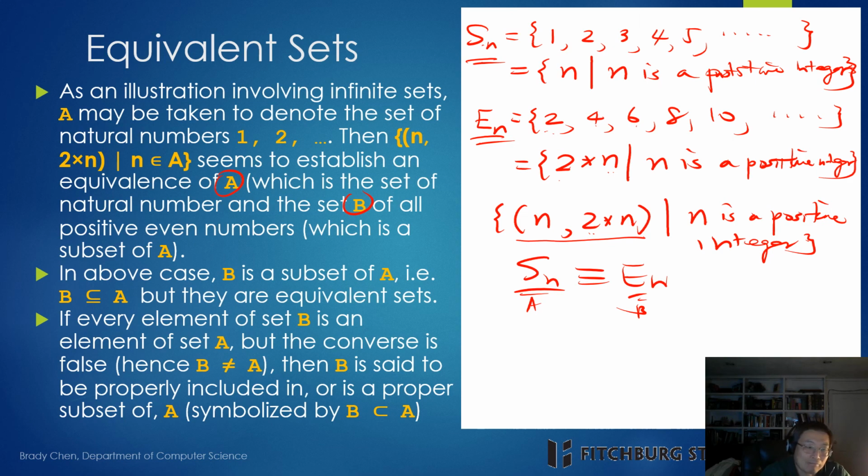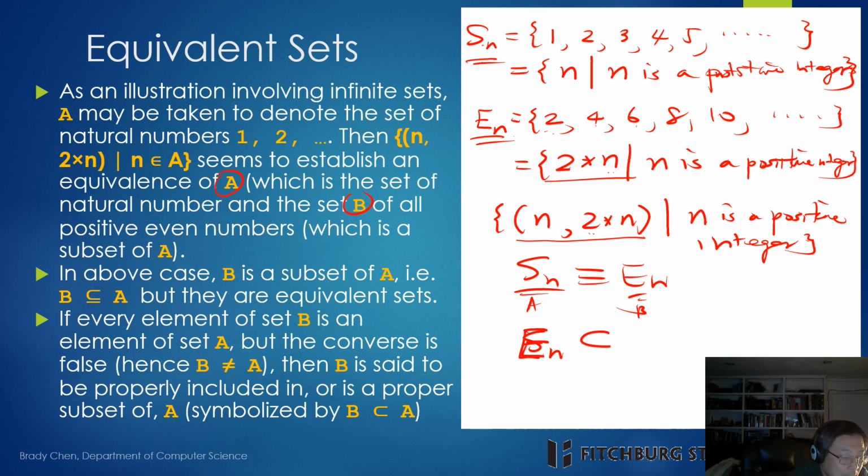That sounds reasonable, right? However, if you look at the details, you're going to find out En is actually a subset of Sn, right?